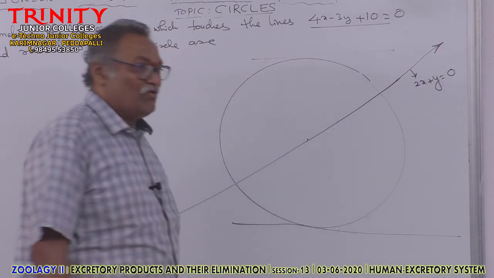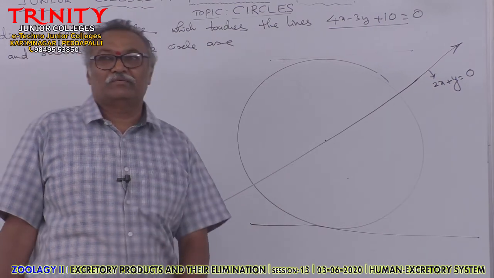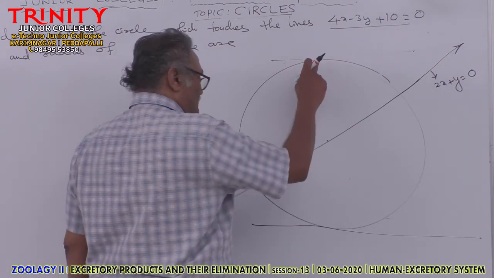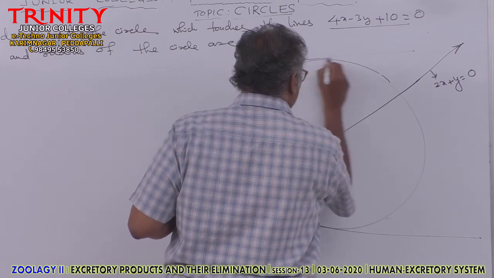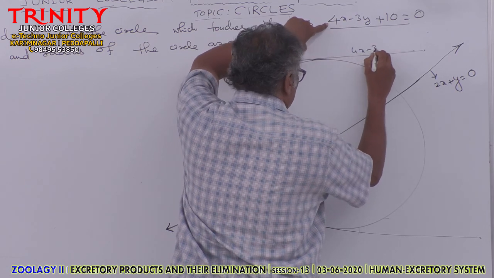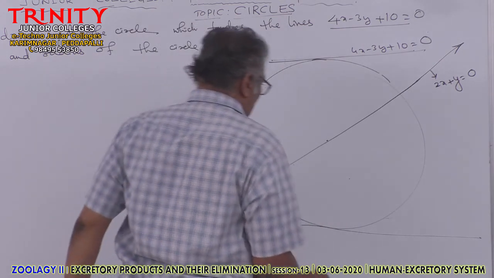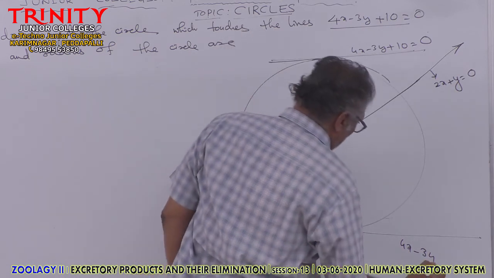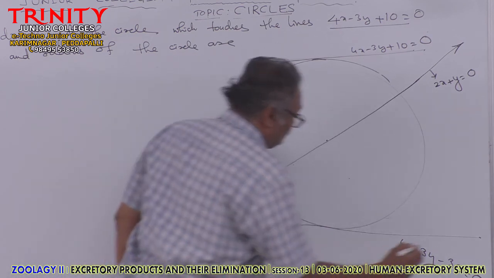Now, finding the center and radius of this circle. These two are parallel lines. I am assuming the equation of one line is 4x - 3y + 10 = 0, and the second one is 4x - 3y - 30 = 0.